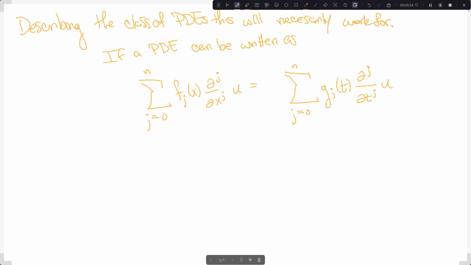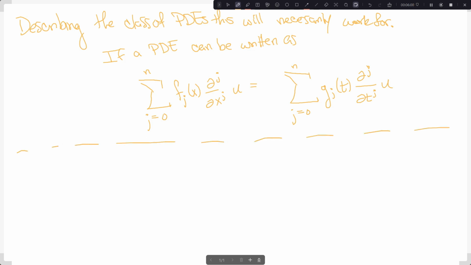And then perhaps you can also include just some generic function of x on this side. I don't think you can actually. Okay, so the sum of derivatives in x times possibly functions of x equals the sum of derivatives in t times possibly functions of t.